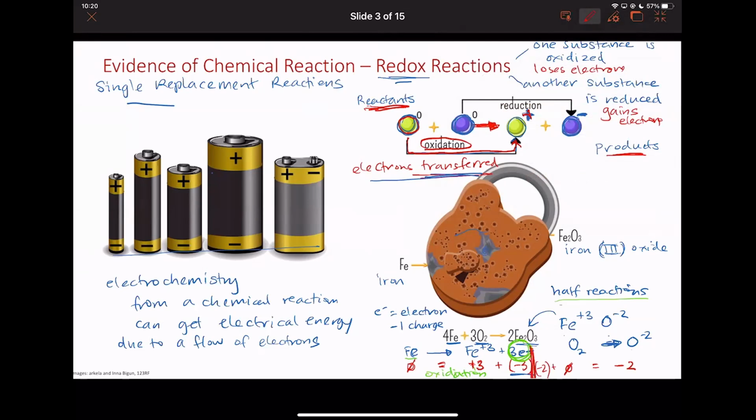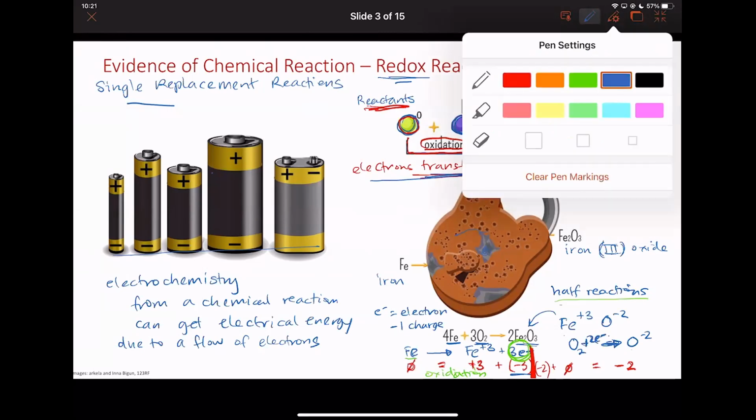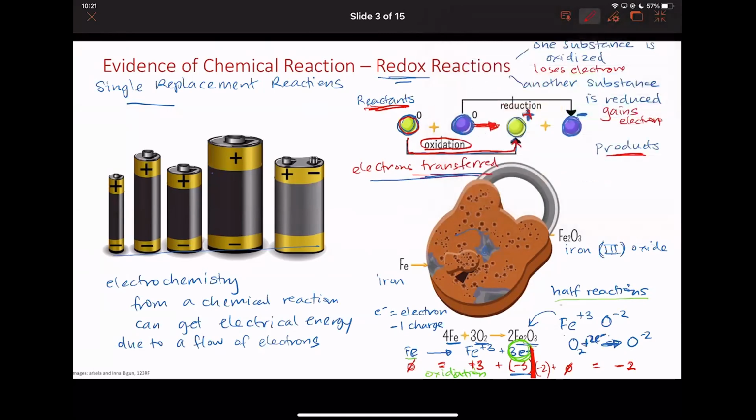So this is -2 plus the 0 charge. Sorry, that's a separate reaction there. -2 plus the 0 charge is the only way this can add up to -2. And so what that means is there must be 2 electrons that are added to that O2 for it to become a negative charge. And that's what happens in a reduction. Going back up to the cartoon up here, the thing that is reduced goes through the reduction and becomes a negative charge because it picks up electrons.